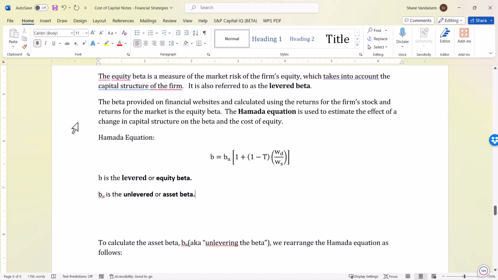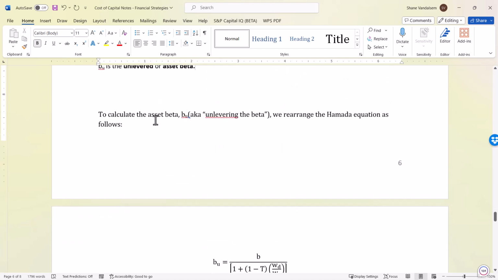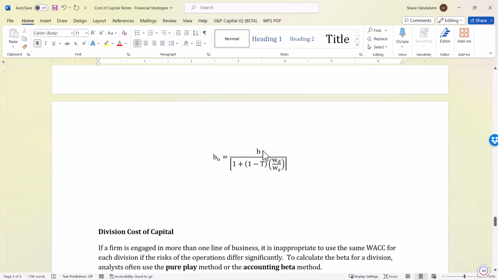So what this equation says is that the beta for the firm, the levered beta, is equal to the unlevered beta multiplied by 1 plus 1 minus T, where T is the tax rate, and the weight of debt divided by weight of equity. To calculate the asset beta, so unlevering the beta, we take the regular beta for the firm, the equity beta, divided by 1 plus 1 minus the tax rate, multiplied by the weight of debt divided by weight of equity.